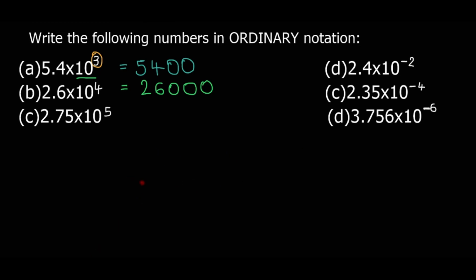And then part C area 2.75 times 10 to the power 5. Re tlo dira the same thing. Re tlo move this decimal point 5 units to the right. 1, 2, 3, 4, 5, and then ra ngwala 0 tša rena.